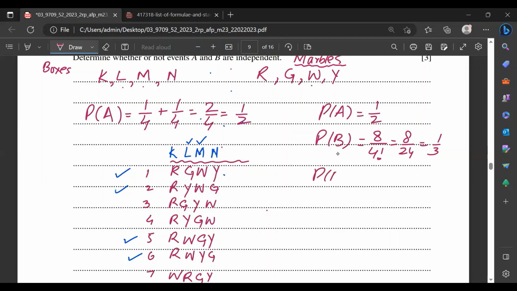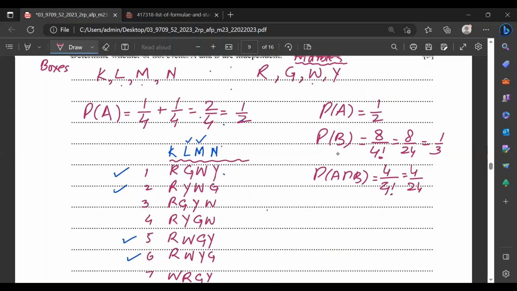Now I'm looking for the probability of A intersection B, the common thing. There are 4 common things out of how many? Out of 4 factorial, 4 over 24, 1 over 6.